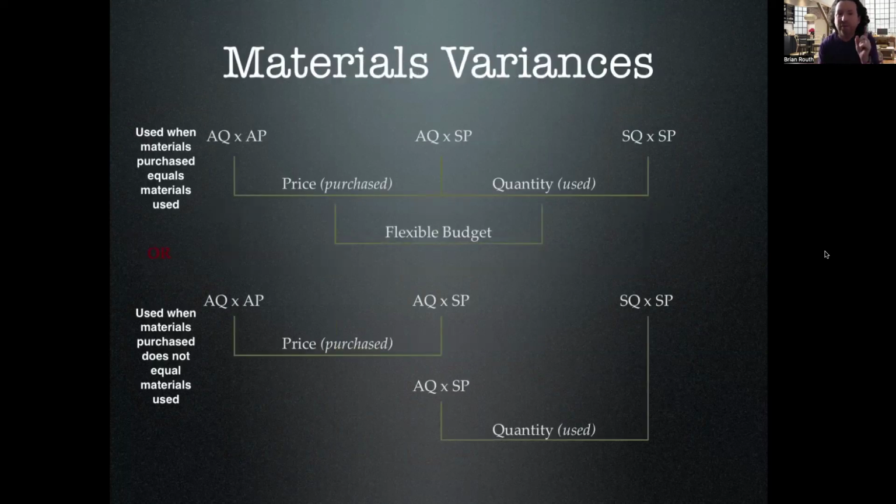Notice when materials purchased equals materials used, we have a flexible budget variance. But when materials purchased do not equal materials used, we do not have a flexible budget variance, because you can't combine these two variances, price and quantity variances, because they're based on different quantities. So you can't combine them together. So don't put a flexible budget variance if materials purchased do not equal materials used.